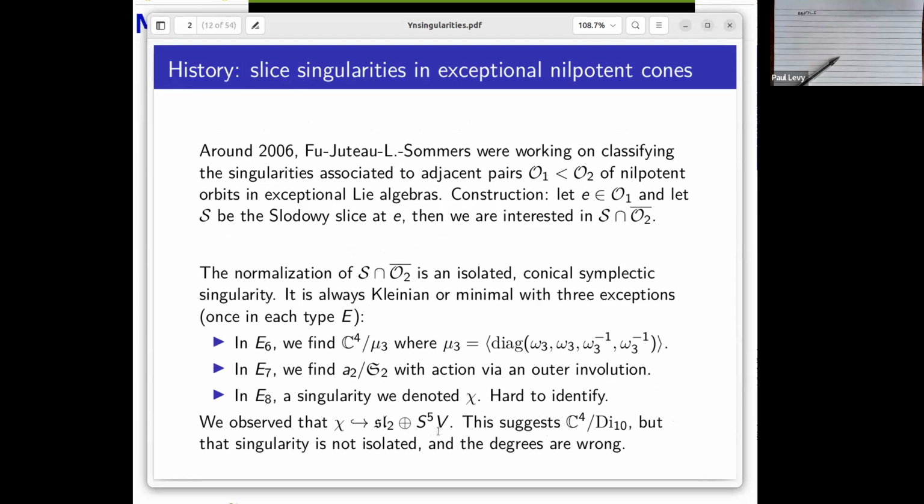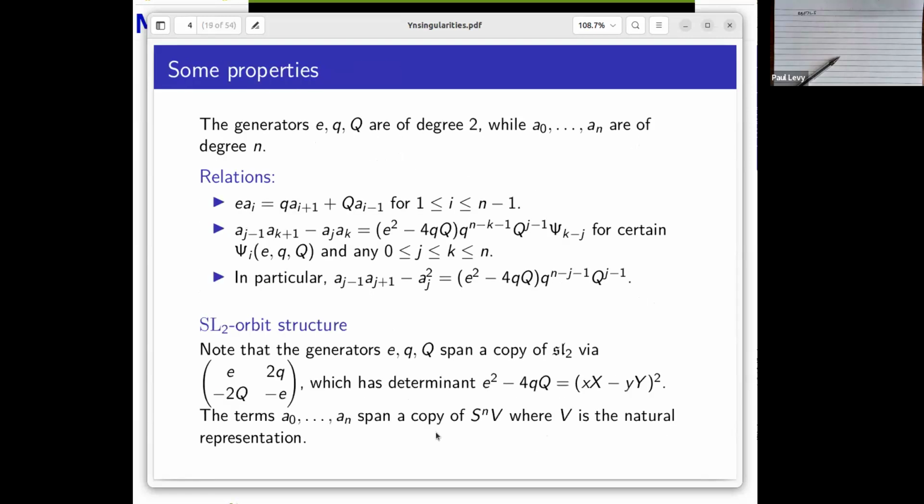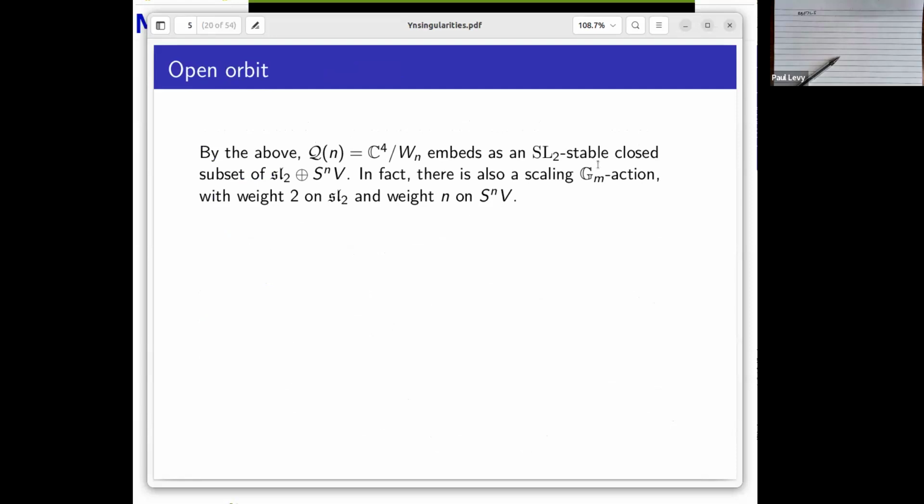So it's almost consistent with that, but there's an issue, because in addition to this SL2 orbit structure, there's a scaling action coming from the degrees of these generators, and so the weight is just given by the degree. So the weight for this GM action is 2 on the elements of SL2 and n on the elements of SNV.